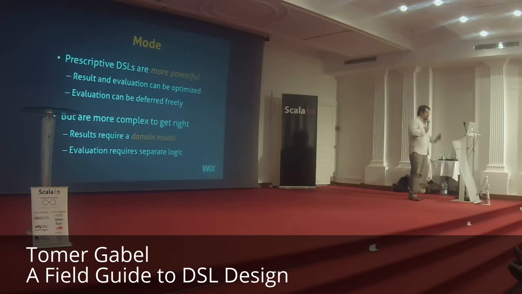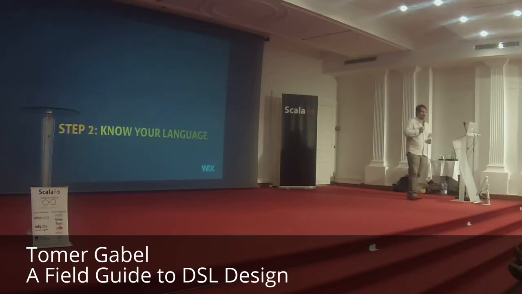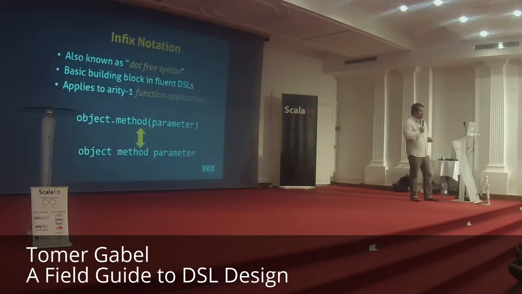So, next up, we've covered the basics of what our language should do and what it should look like, at least in the abstract. In order to actually implement such a language in Scala, the second thing I need to know is I need to know Scala, the language that I'm going to be hosting my domain-specific language in. There are a bunch of building blocks in Scala, possibly the most important of which is something called infix or dot-free notation.